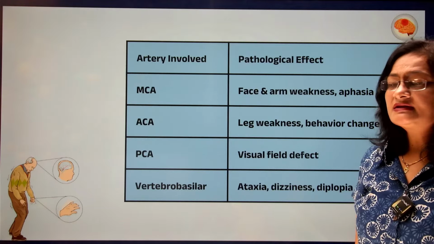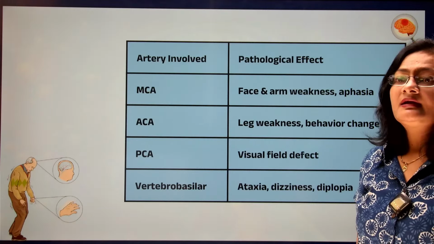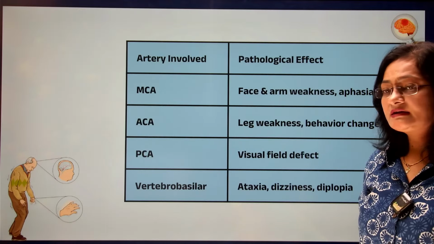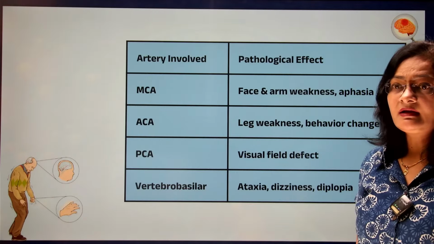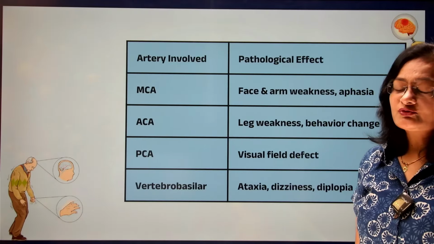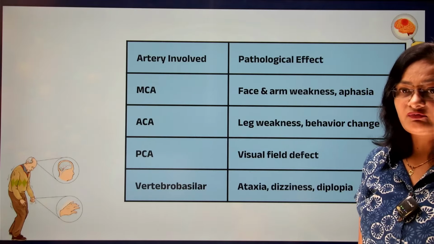When the middle cerebral artery is affected, it will result in affection of the face and arm, and aphasia. When the anterior cerebral artery is affected, it will result in weakness of the leg, and it may produce behavioral changes. When the posterior cerebral artery is affected, it will result in visual defect.